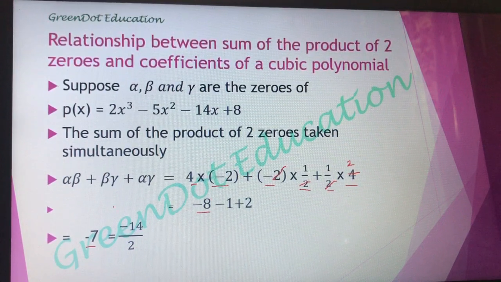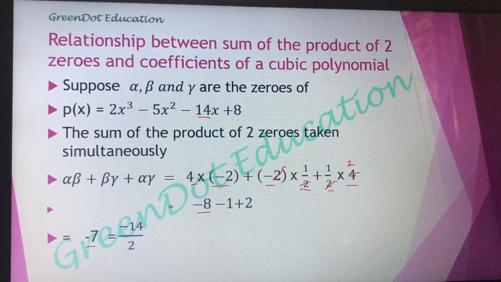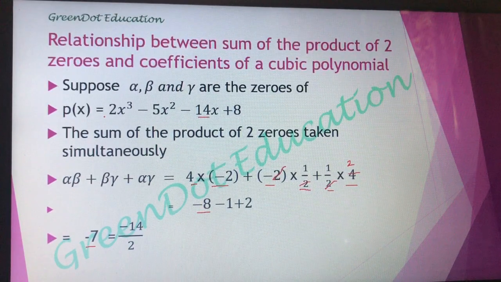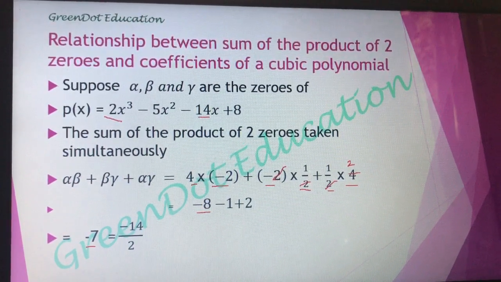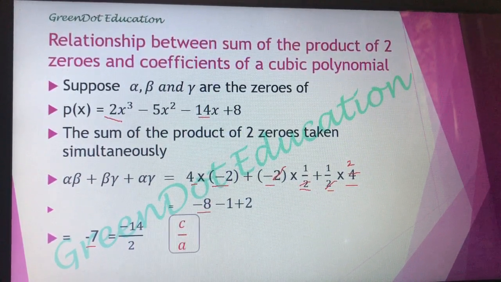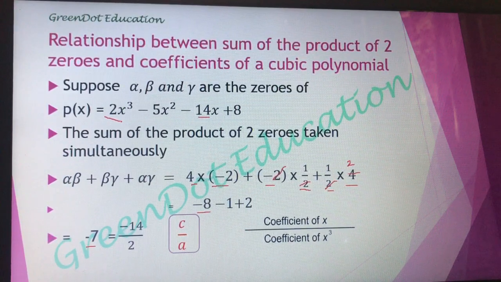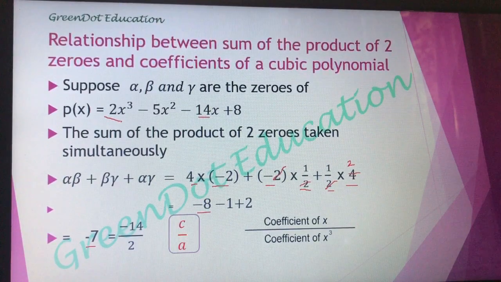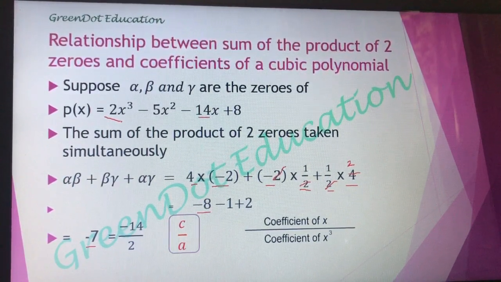Now comparing this ratio with the coefficients of the cubic polynomial, we get -14 as the coefficient of x, that is c, and 2 is the coefficient of x cube. So this relationship can be denoted by the ratio of the coefficient of x to the coefficient of x cube. So we can say that there exists a relationship between the sum of the products of two zeros taken at a time and the coefficients of a cubic polynomial.